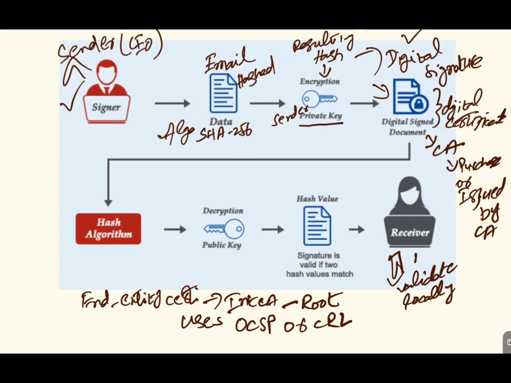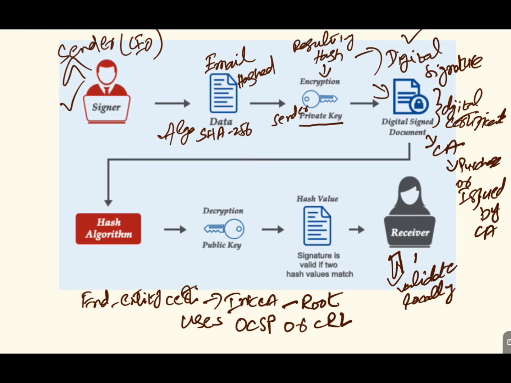This CRL can also be downloaded on your system. So the root CA is not contacted online. The root CA resides on your system itself. Only the received certificate will be checked on whether it is still valid.